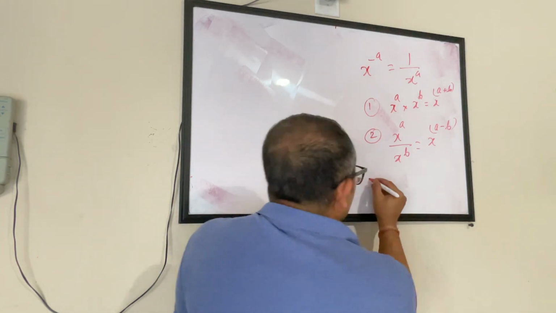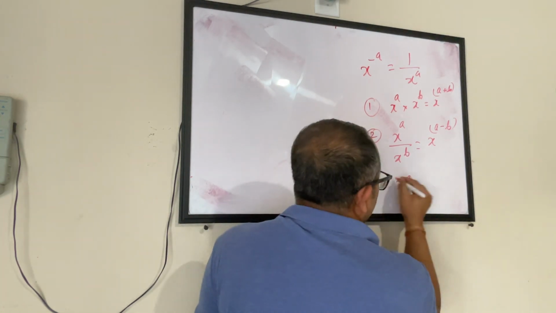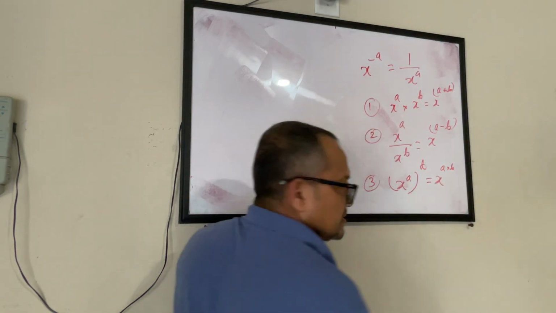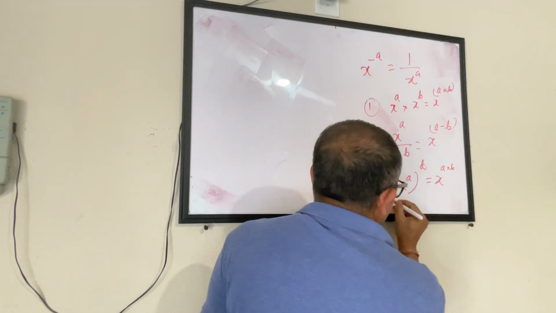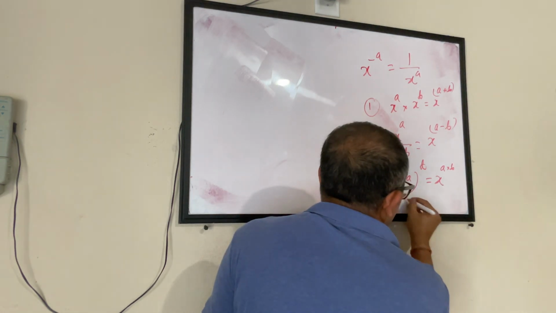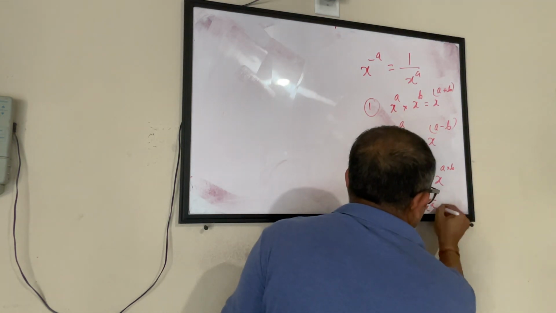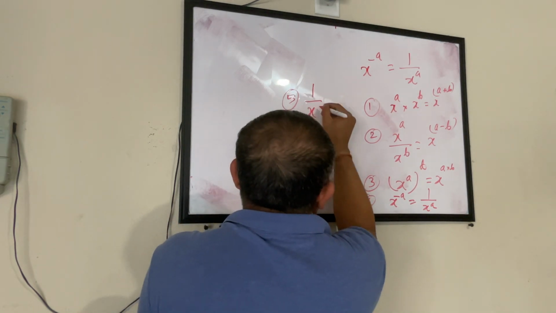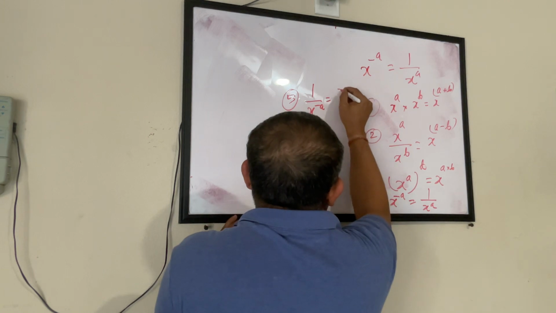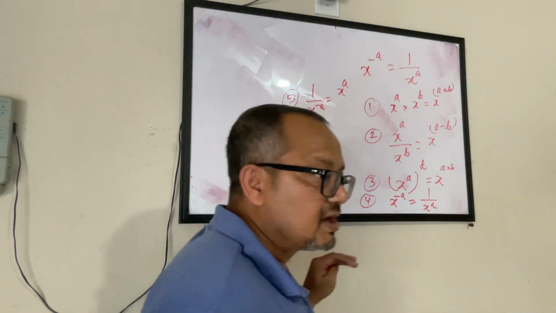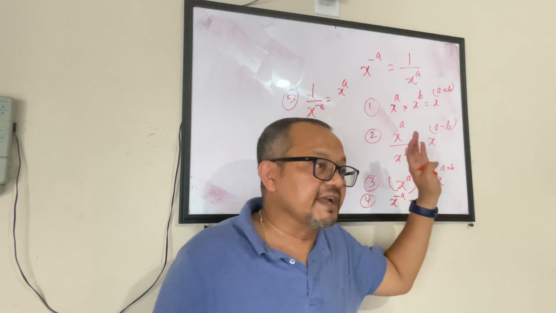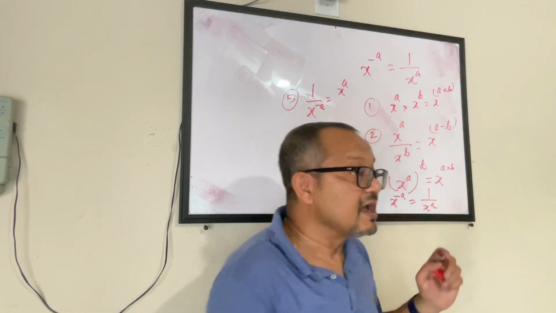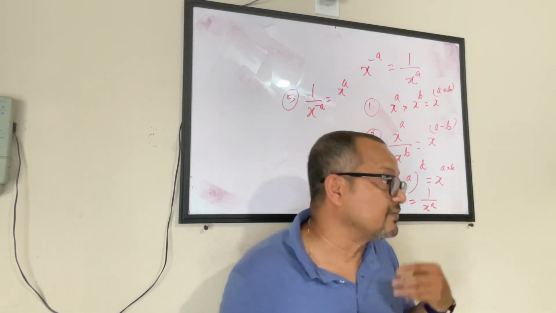Third one is, when I have this, it becomes this. And the fourth one is, it becomes this. Or you can also extend this formula: if I have 1 by x to the power minus a, it becomes x to the power a. These are the 4 things that we just saw, and we can keep this as an understanding to deal with exponents and solve things faster.